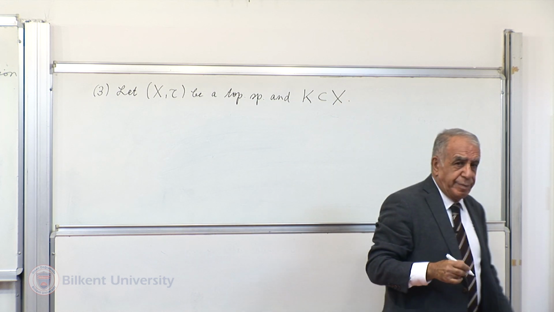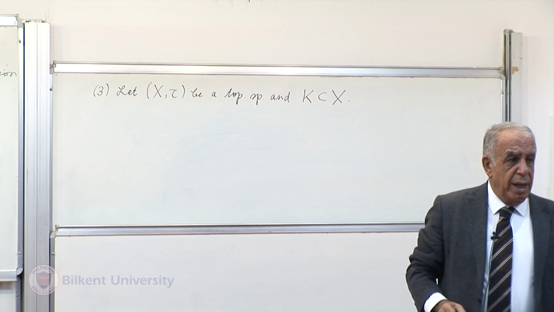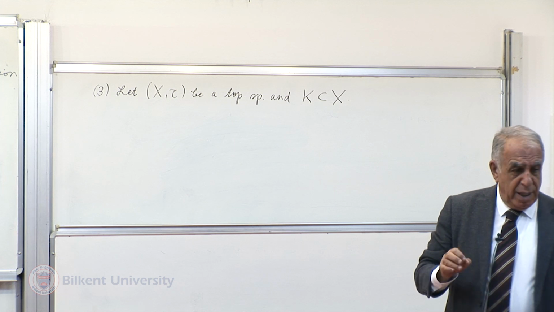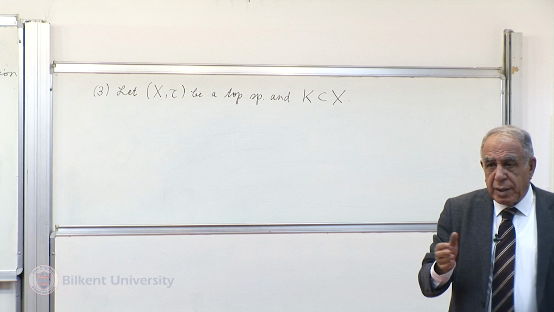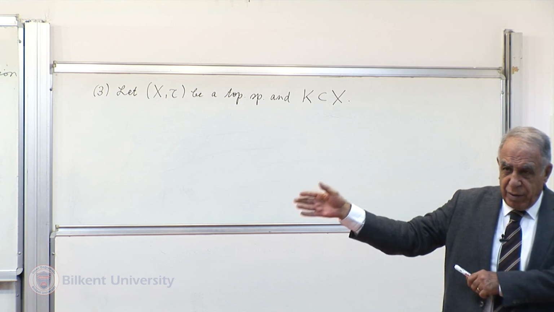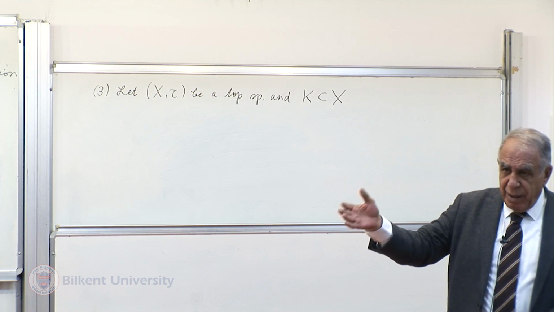Now, in defining a topology, we took the notion of an open set as our point of departure. But once we know what sets are open, we know all closed sets. Equally well, we could have started with closed sets.